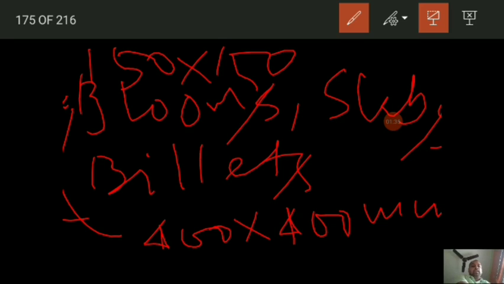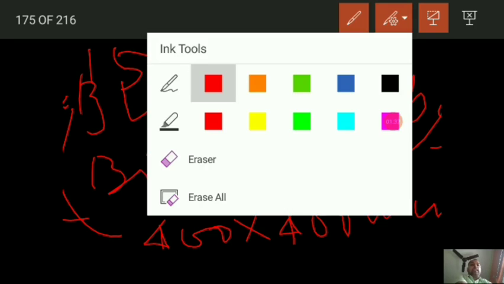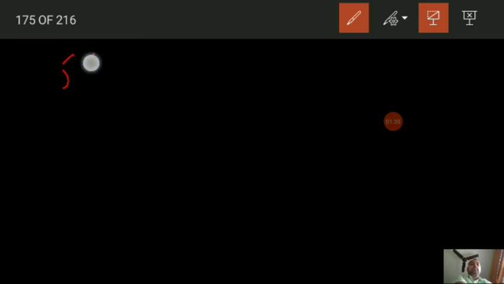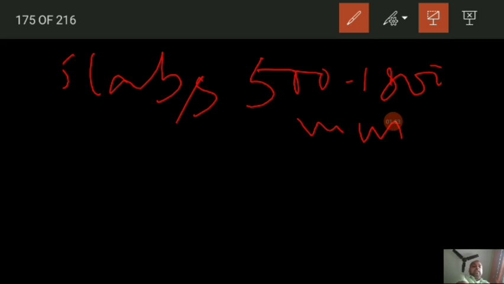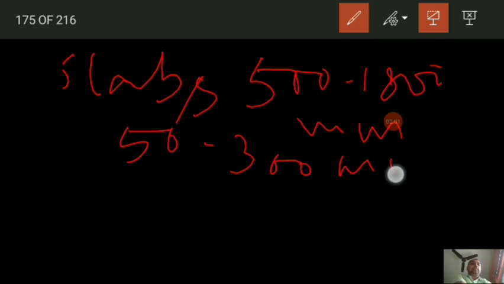Okay, now coming to the slabs. Slabs have a rectangular cross section with widths varying from 500 to 1800 millimeter, and thickness varies from 50 to 300. You can write 50 to 300 for slabs.